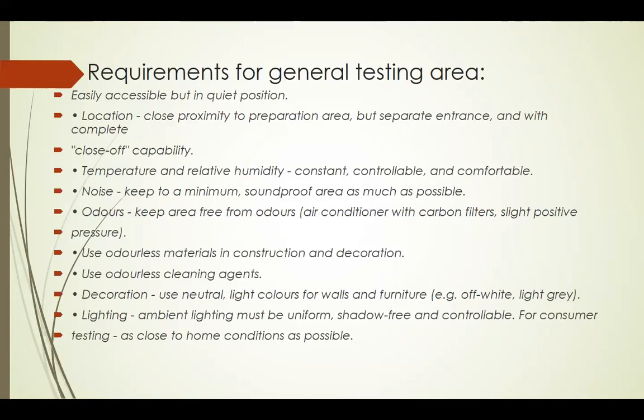Okay. So next is temperature and relative humidity. It should be constant, controllable, and comfortable. For temperature, we can decrease or increase it, but the relative humidity is a little more difficult, and it also has a huge influence on the food product.